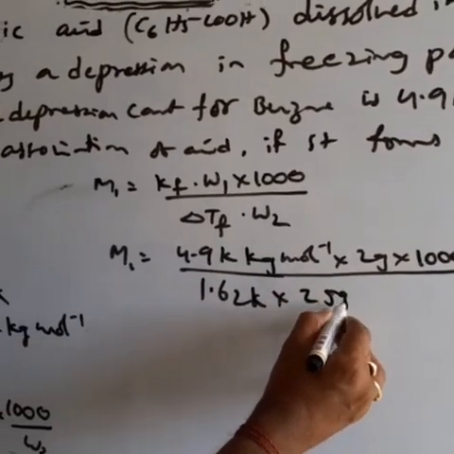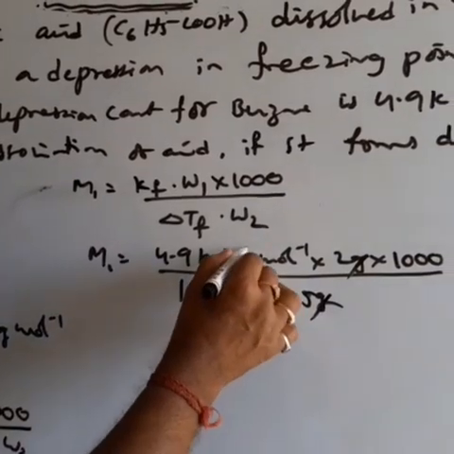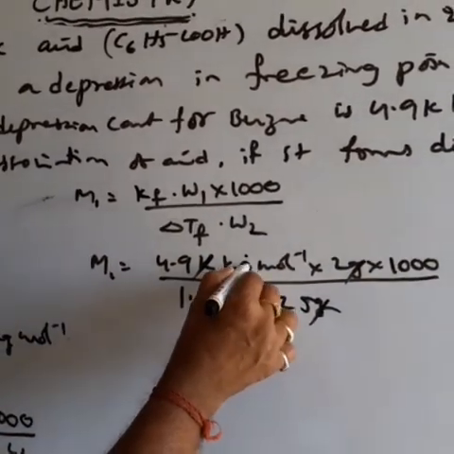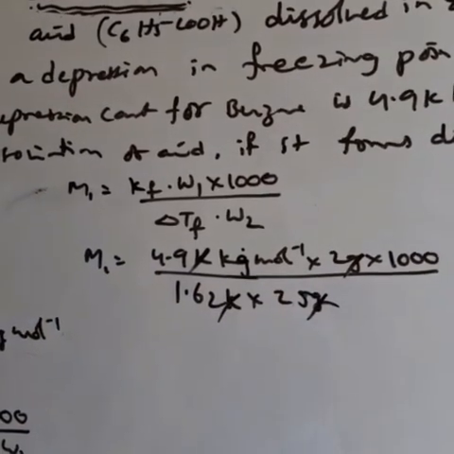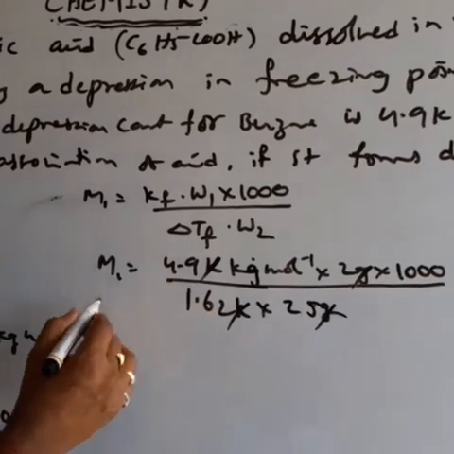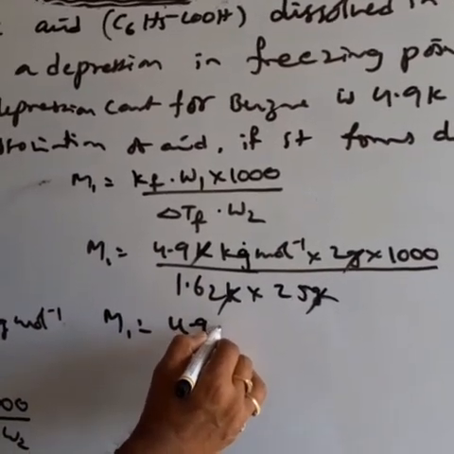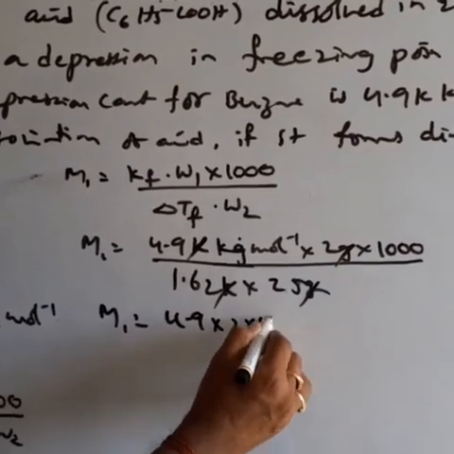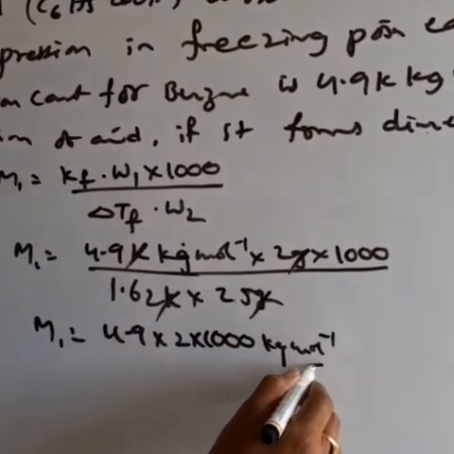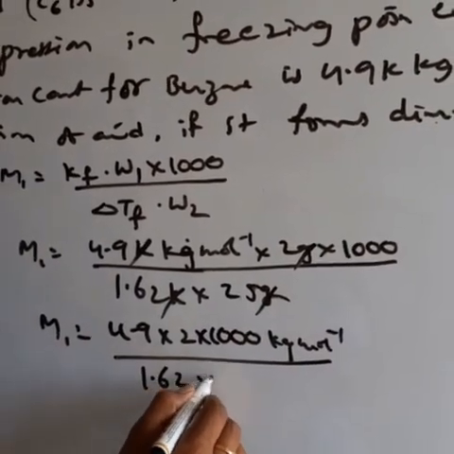Here grams cancel with grams, Kelvin cancels. Then the remaining calculation: the M1 value is equal to 4.9 into 2 into 1000 kg mol inverse divided by 1.62 into 25.